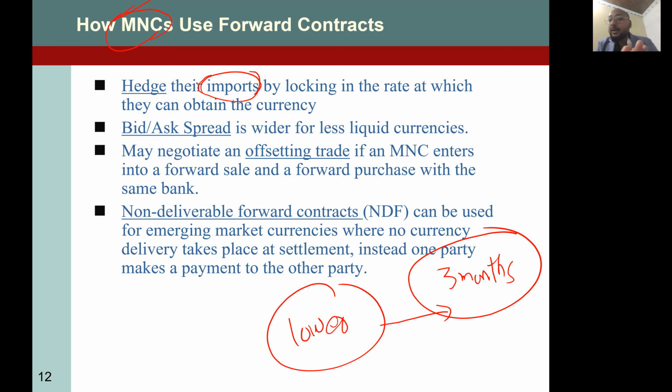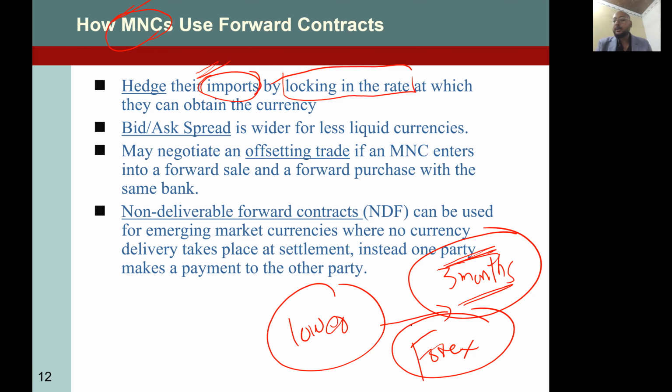So they lock their rate. That's why we use the terminology lock the rate. No matter how much the price moves in 3 months, they don't have to worry about that. Then they just plan to buy their imports and do their costing, because Forex is none of their business. Forex means the foreign exchange market.